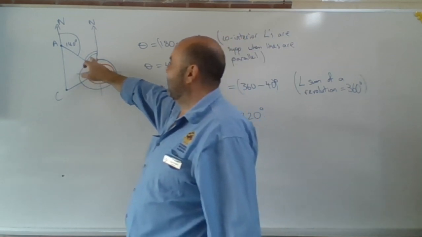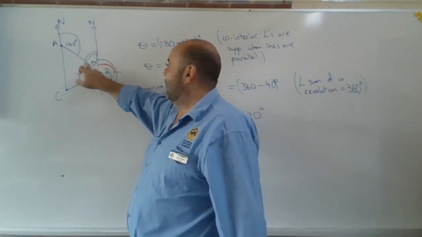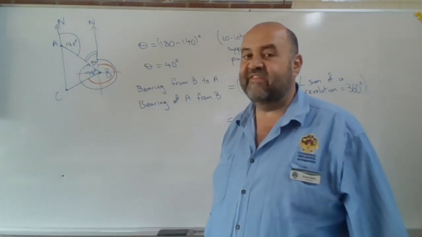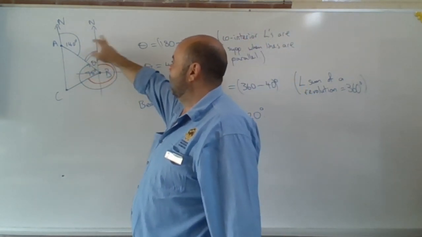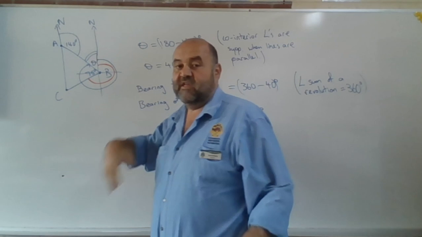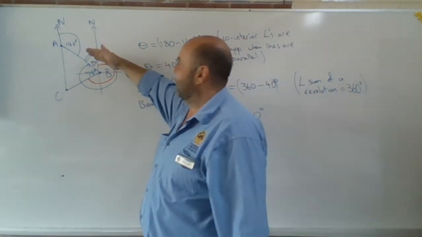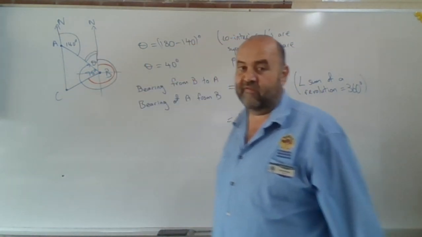We know that theta in there is 40, and we know that this is 75 degrees. So the angle from B facing north around to C is going to be 360 minus 40 minus 75.